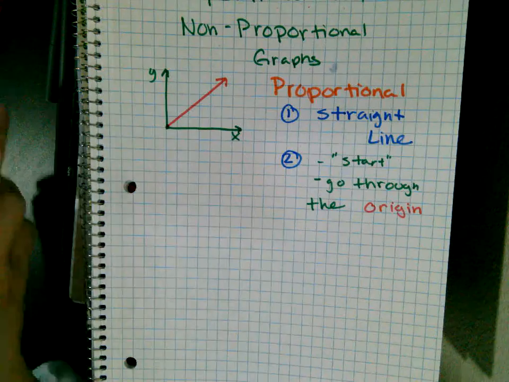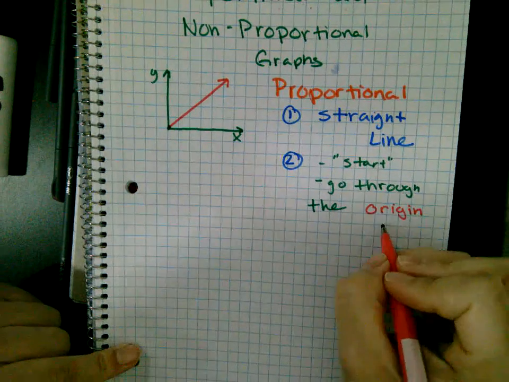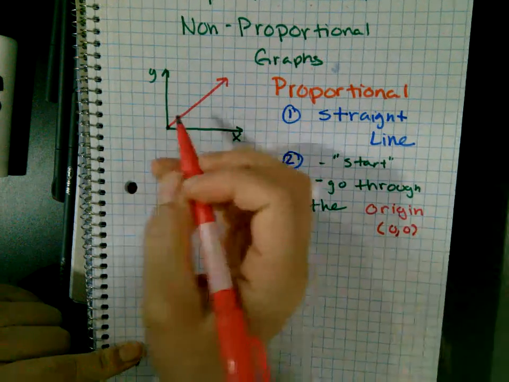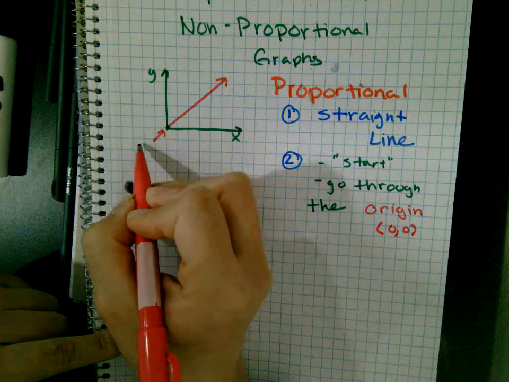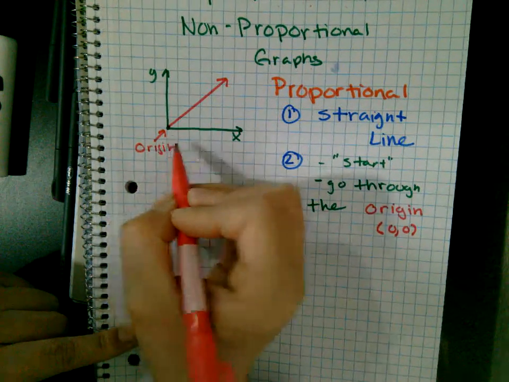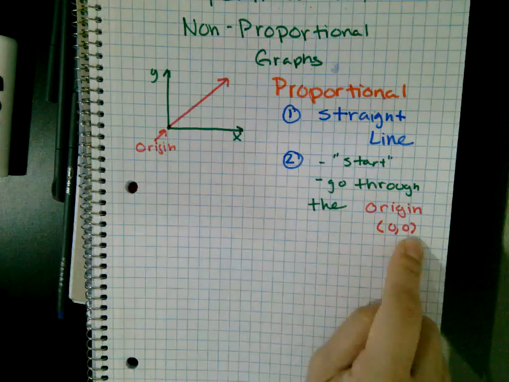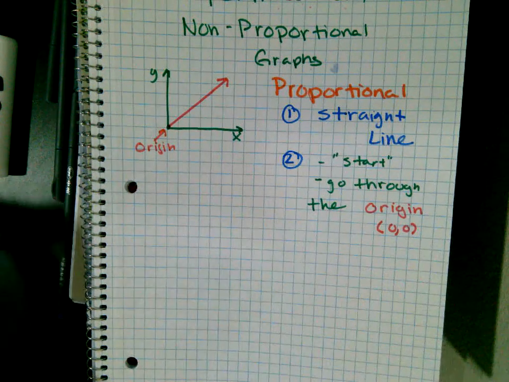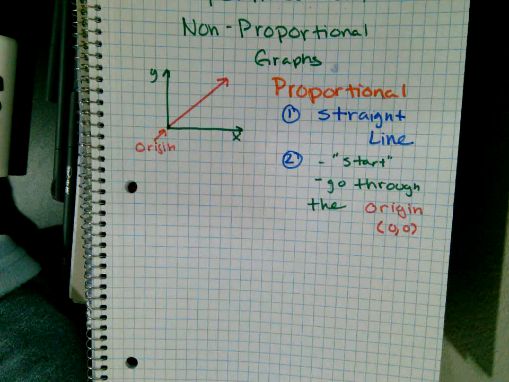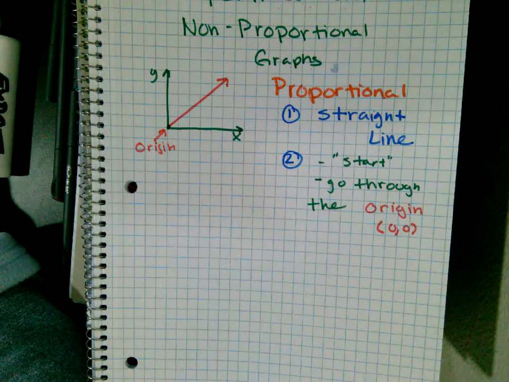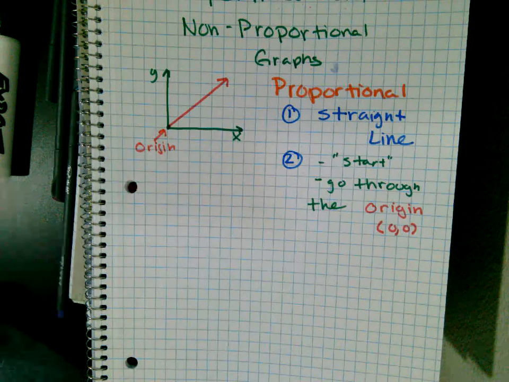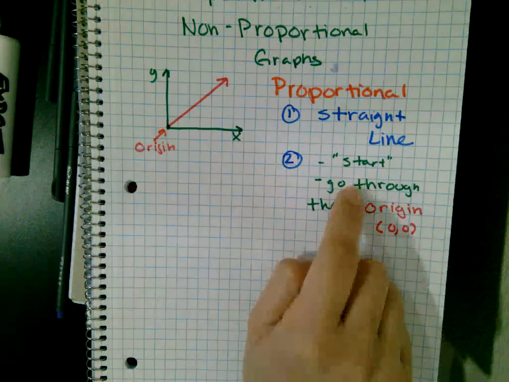So the origin is 0, 0. Okay, so when you graphed 0, 0, that's why when we did this, I called it the second most important point, because I knew this was going to come along.